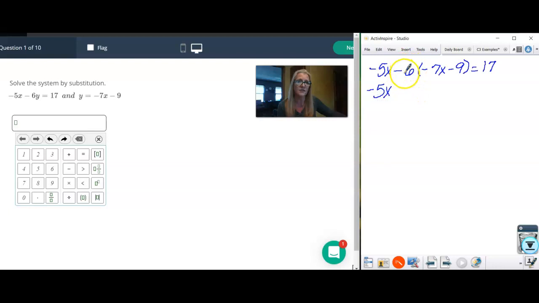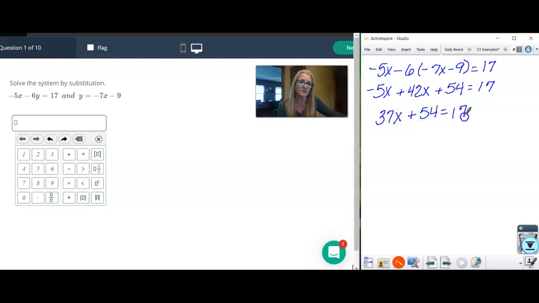This is a negative 6 times a negative 7, which is going to give us a positive 42x. And a negative 6 times a negative 9 is positive 54 equals 17. Now you would combine like terms.